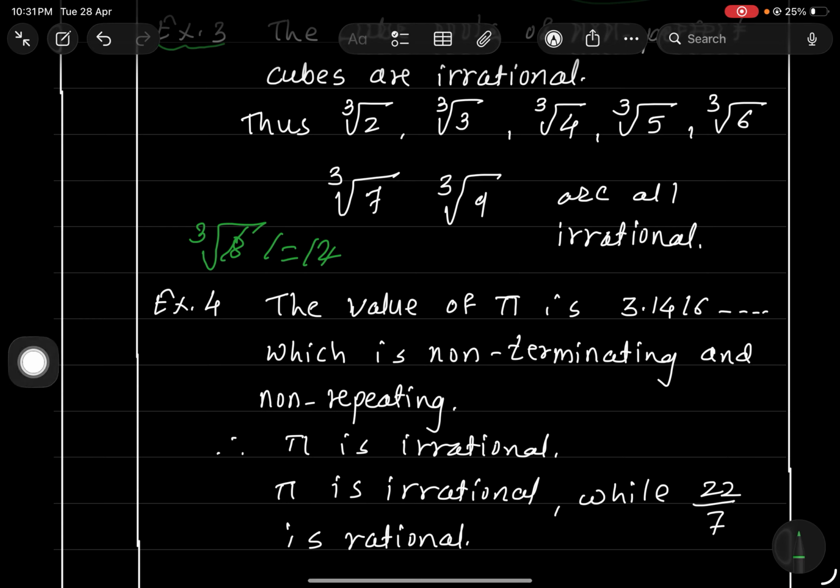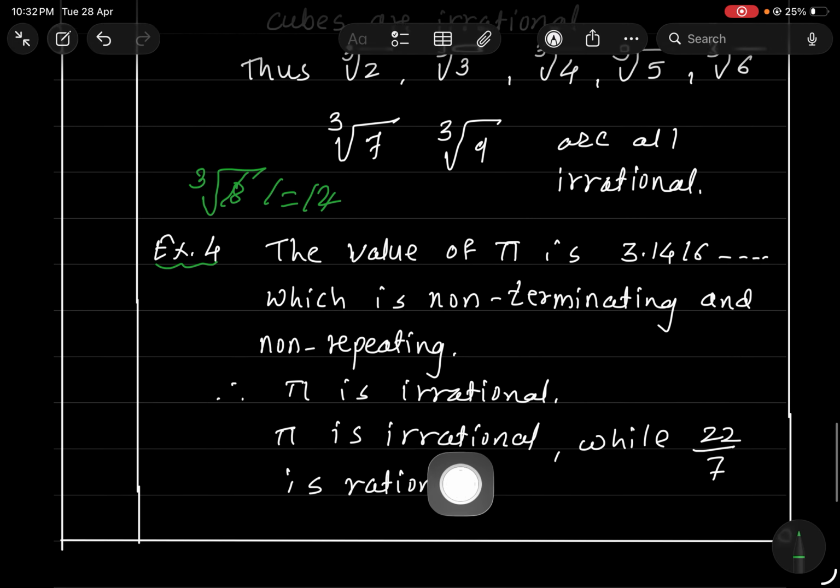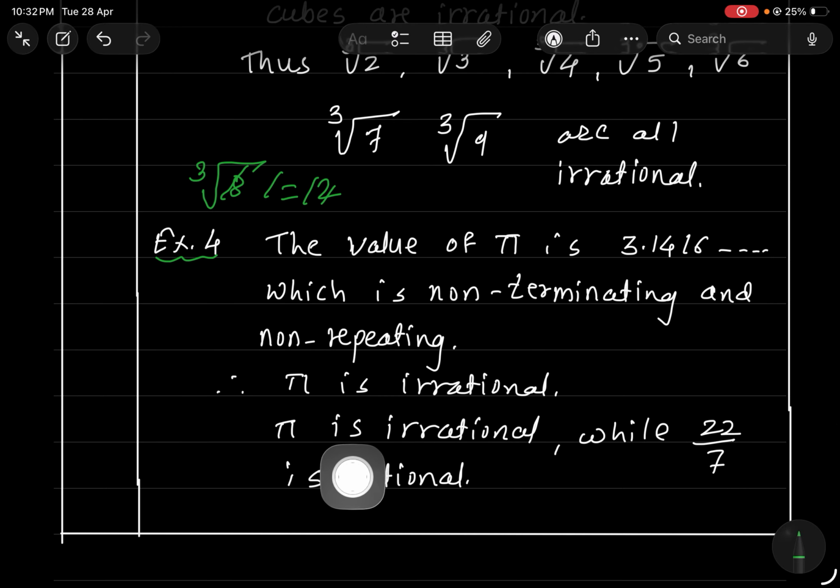Okay, then example 4: the value of pi is 3.1416 dash, there is also no end. If you are doing division, remainder 0 is not coming, other numbers are coming, so division goes on continuously, which is non-terminating and non-repeating. Note that pi is irrational while 22 upon 7 is a rational number.